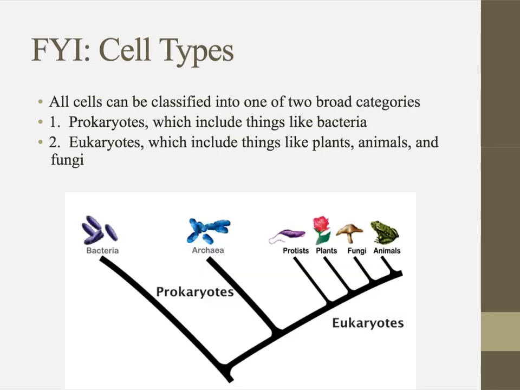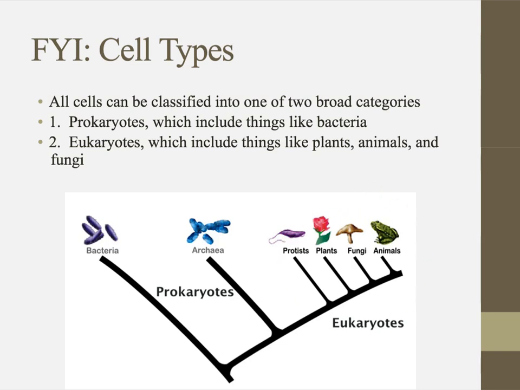So we're going to talk about a couple of cell types, and of course we're going to draw them. Just in case you're unfamiliar with some of these words, we're going to separate all cells into two broad categories. There are tons of ways I could classify things, but for our purposes, we're going to be talking about prokaryotes, like bacteria, and then eukaryotes.